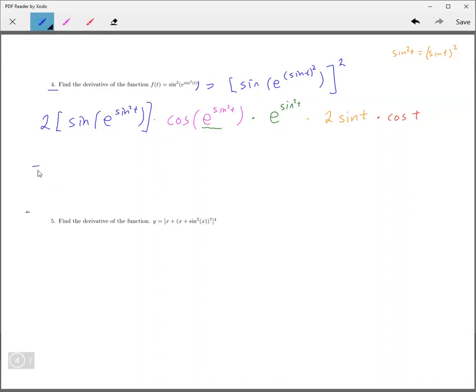Okay, so then if you collect everything together, you've got a 2 there and you have a 2 there, so that's going to be 4. And then let's put the sine t and the cosine t out front. And then let's put this e to the sine squared t. And then let's put this one. And then we'll put this one right here.